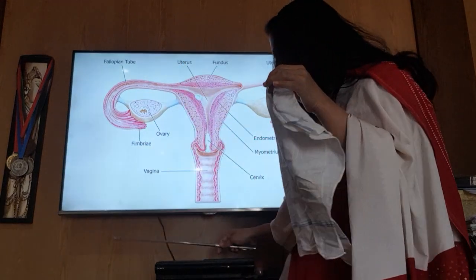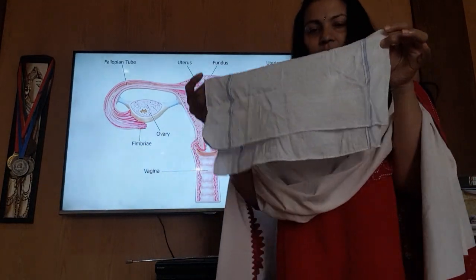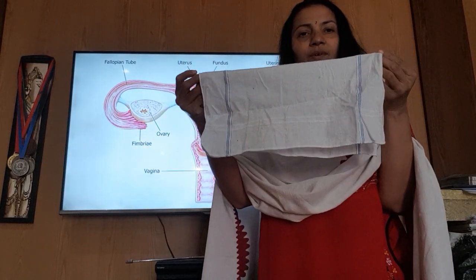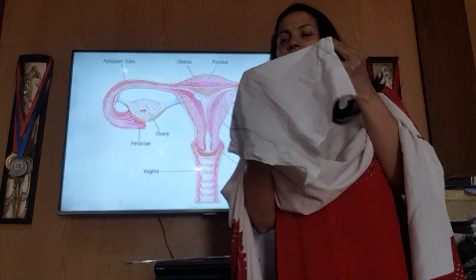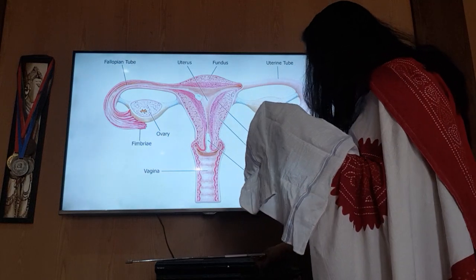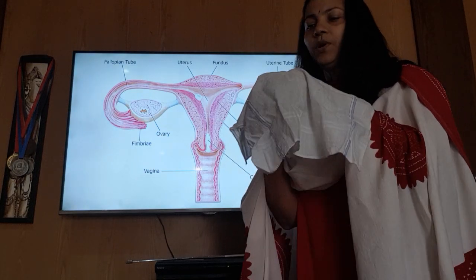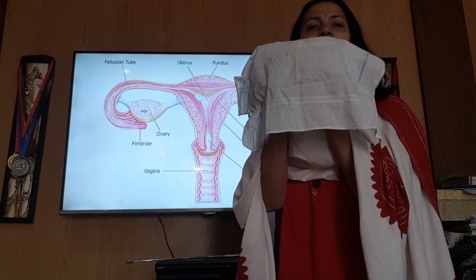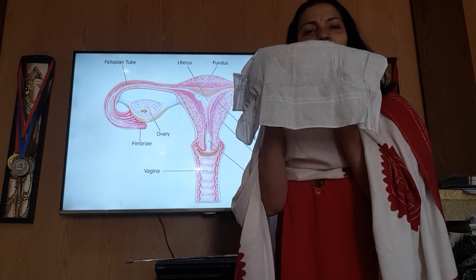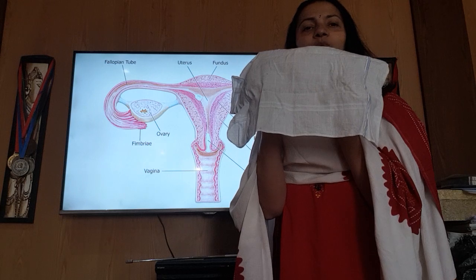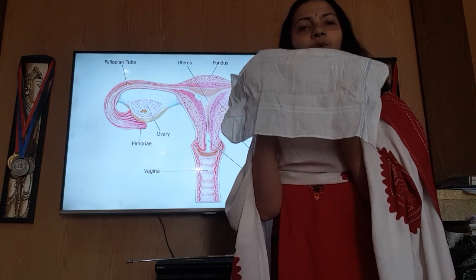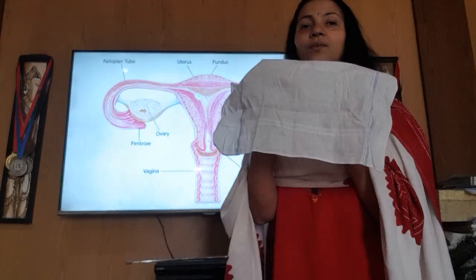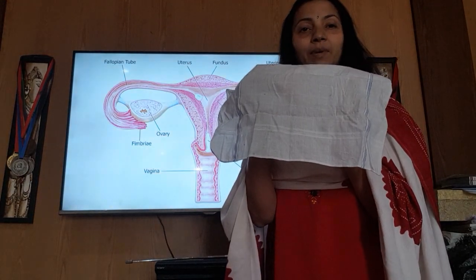Okay, if I will say, this is the peritoneal fold which is covering the uterus, okay, and on the sides two fallopian tubes, and near the end of the fallopian tubes is the ovary. So this broad fold of peritoneum which is covering all these structures is called broad ligament.